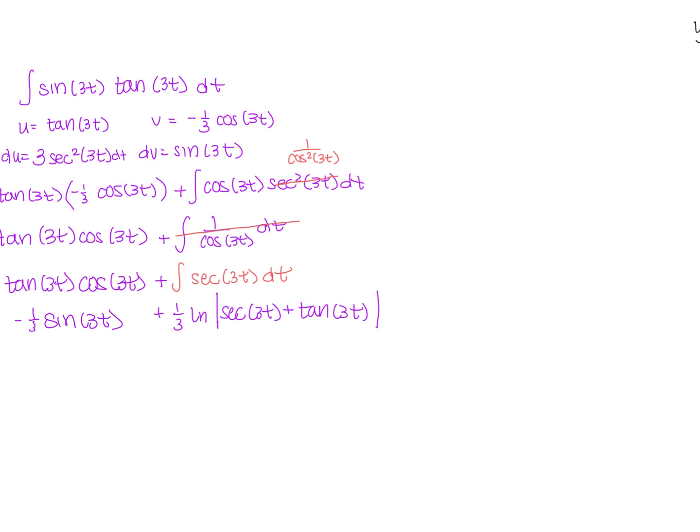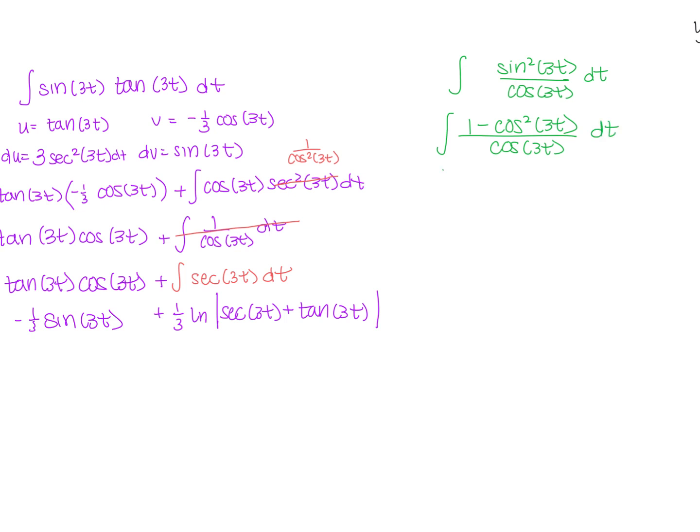Instead of sine 3t tangent 3t, I'm going to write the original function as the sine squared of 3t over the cosine of 3t. And doing that, I'm going to use a trig identity. So I'm going to rewrite this integral to be 1 minus the cosine squared of 3t over the cosine of 3t.